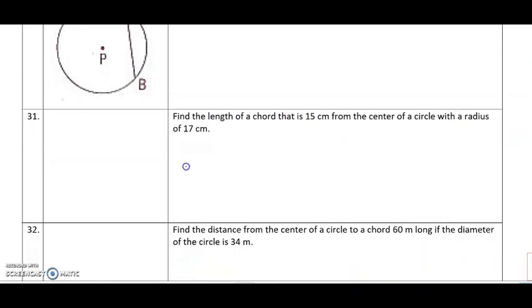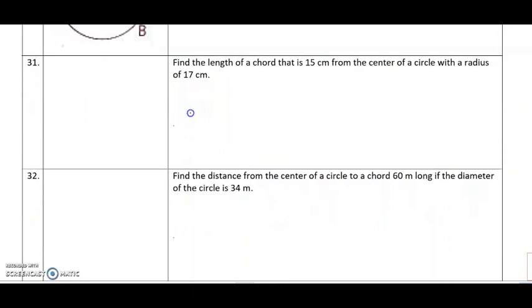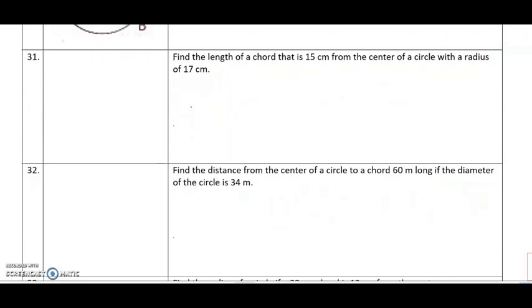In our next example, we'll have to draw our own diagram. Find the length of a chord that is 15 units from the center of the circle, with a radius of 17.